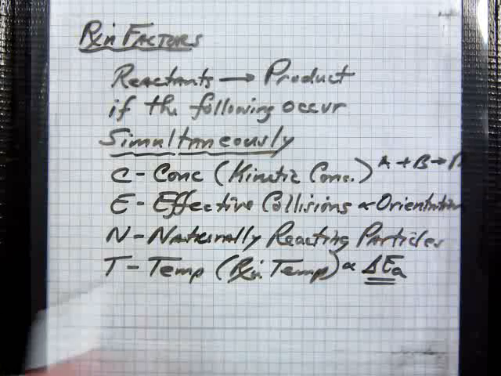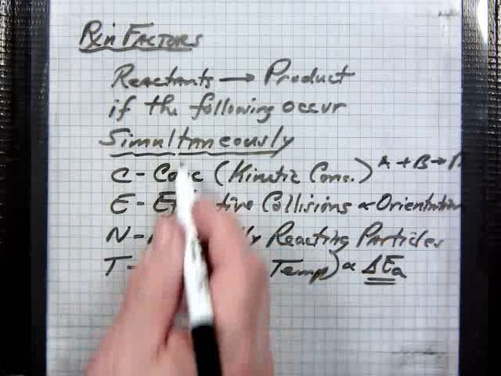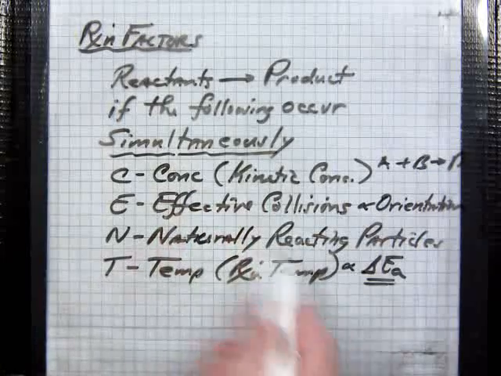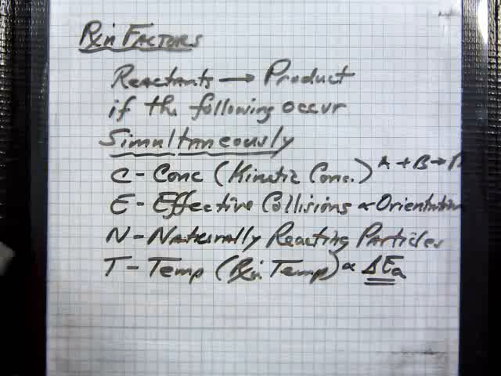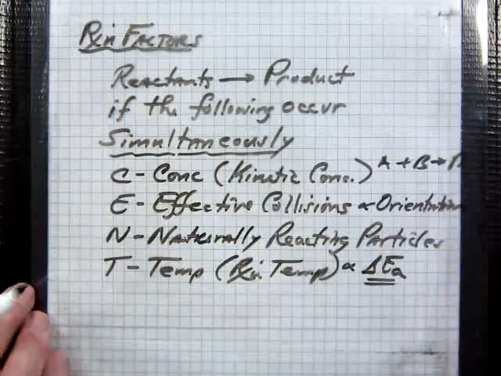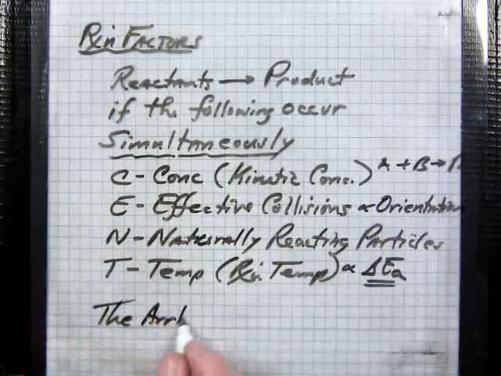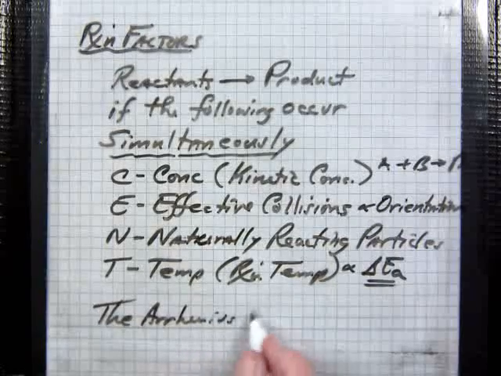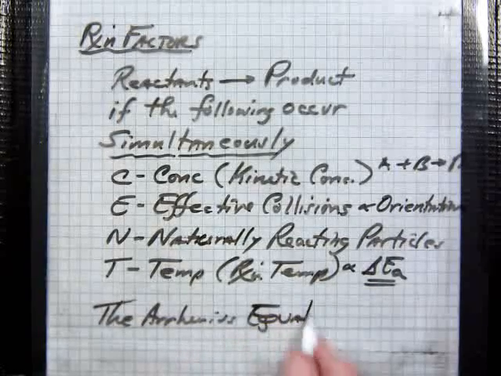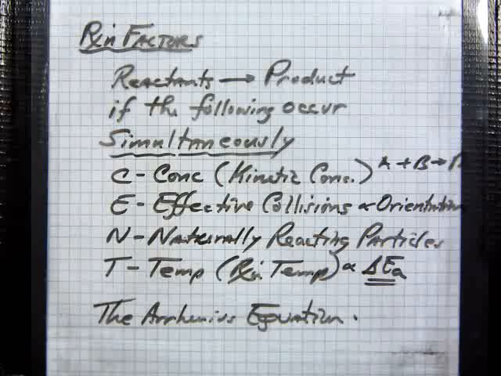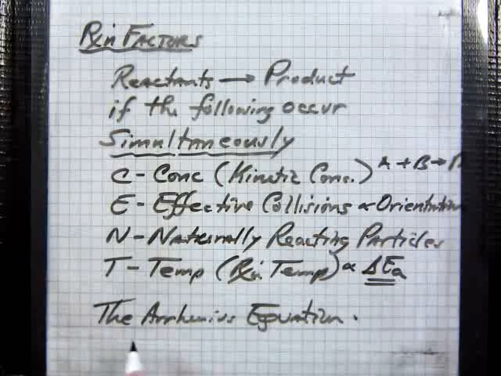And so the probability is these factors, concentration, effective collision, naturally reacting particles, all go into a probability expression known as the Arrhenius equation. This predicts the rate of reaction as a function of temperature.